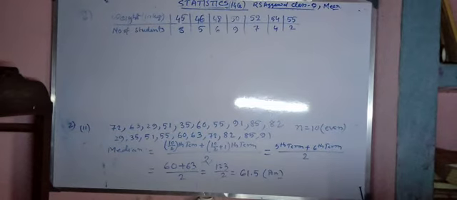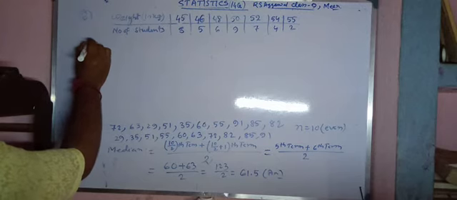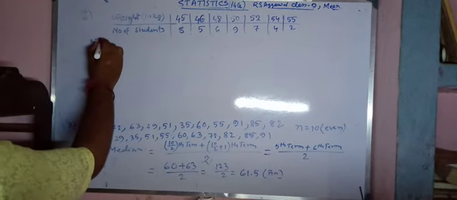Understood that? Hope you are able to see. Now we have to find the median of the data. For that we have to make a table with xi, that is weight.